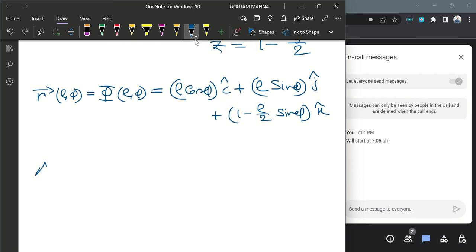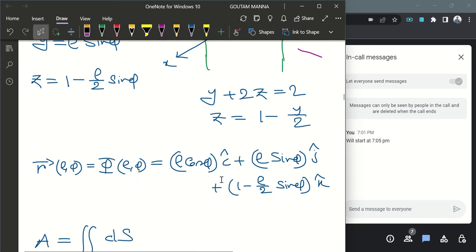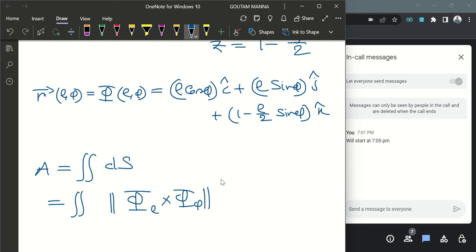So again the area will be the surface integration of dS, where dS is a small element here, and this dS can be written as mod of Phi rho cross Phi phi d rho d phi.